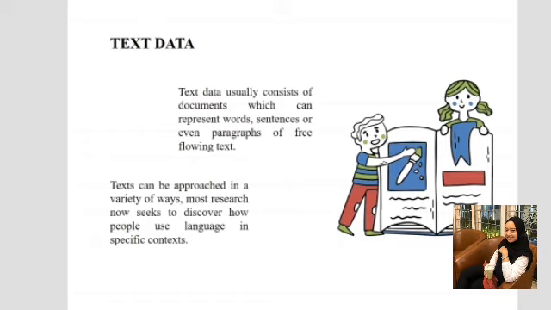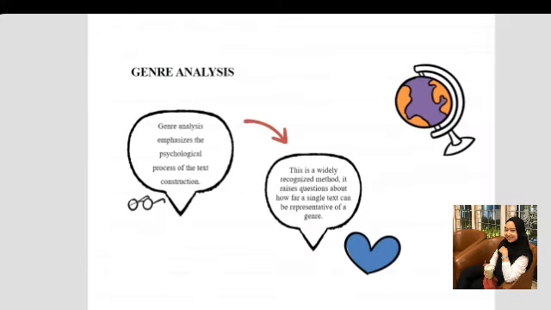Something that we should highlight here, the main approaches to studying written text are currently genre and corpus analysis. Now we come to genre analysis. So, genre analysis emphasizes the psychological process of the text construction through the presentation and analysis of the regular organization together with other linguistic features of a text.